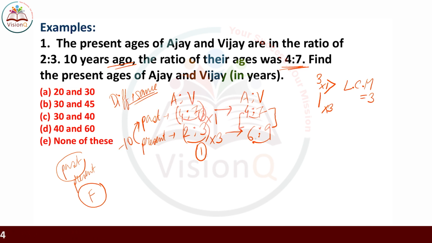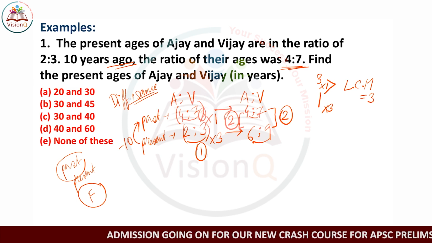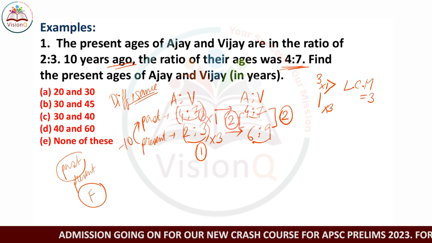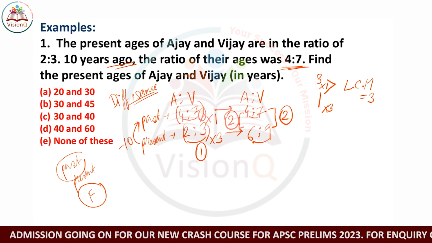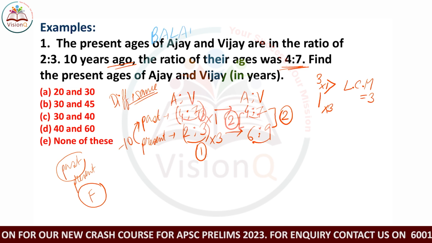Now from 4 to 6, the gap is 2 years as per ratio. And from 7 to 9, again the gap is 2 years as per ratio. So whenever the horizontal difference becomes the same, the vertical difference automatically becomes the same. And this concept is known as balancing of ratio. This method is very important, and the name of this method is balancing of ratio.